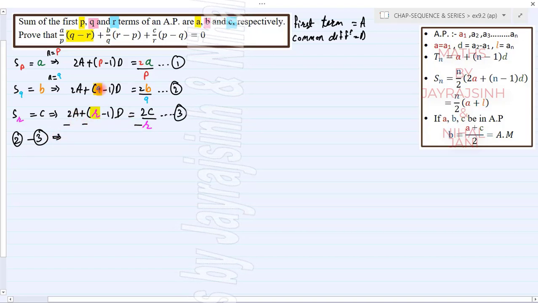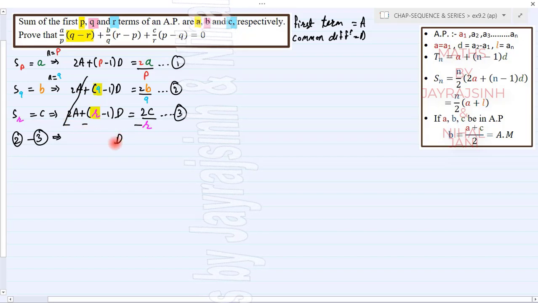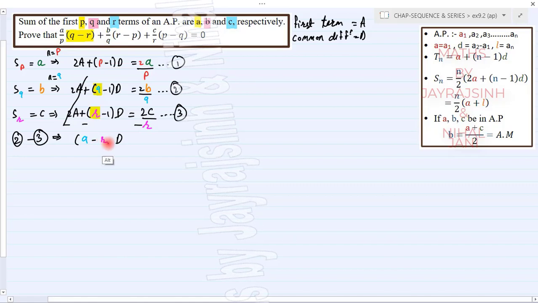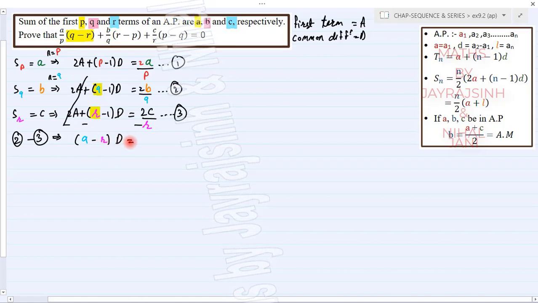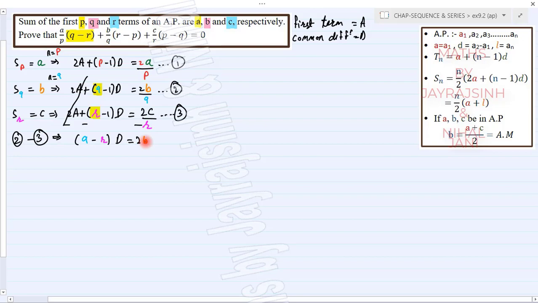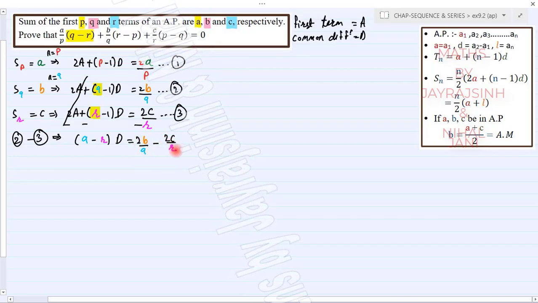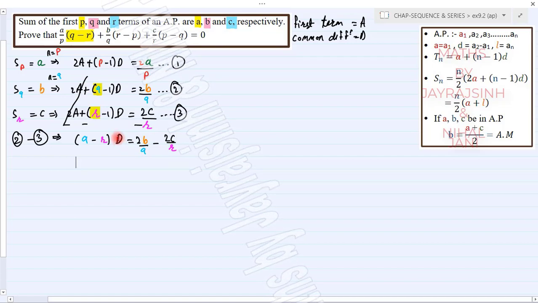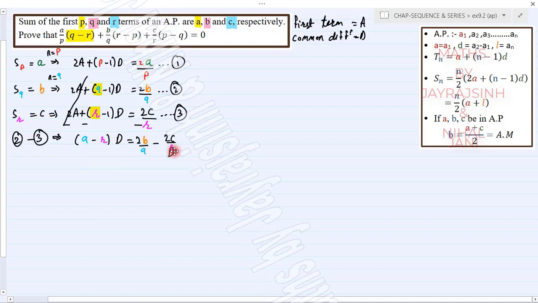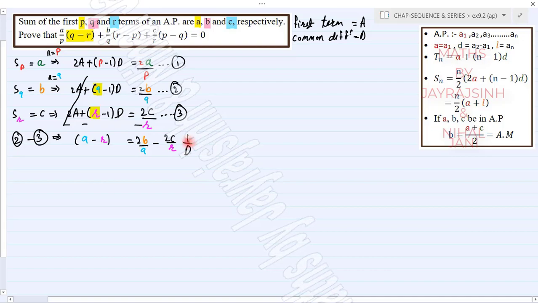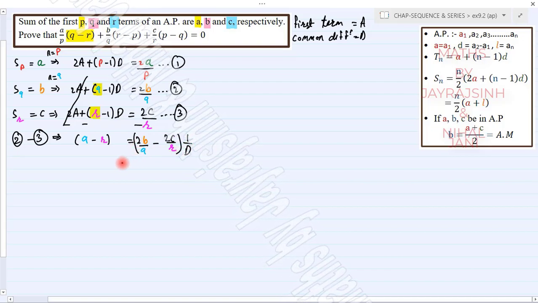So your 2a will be cancelled out, and from the second term we can take d common and you will get (q minus r) d on the left hand side, equal to 2b by q minus 2c by r, and to make q minus r the subject, your d will be moved to the denominator of the right hand side.